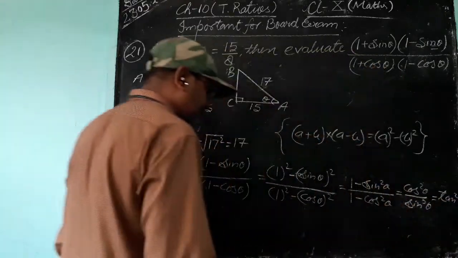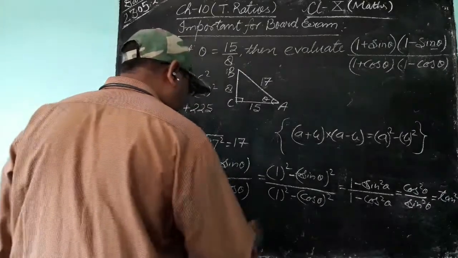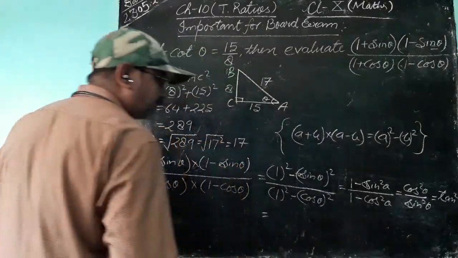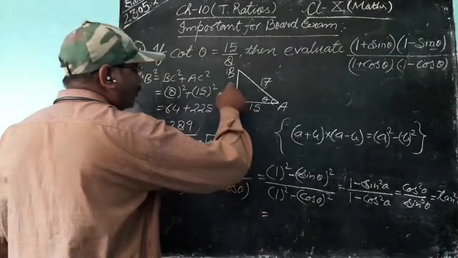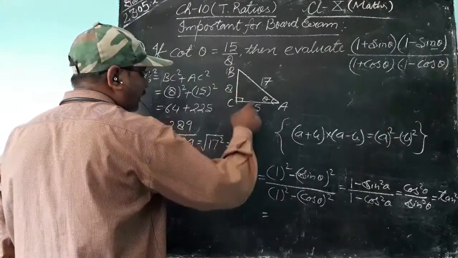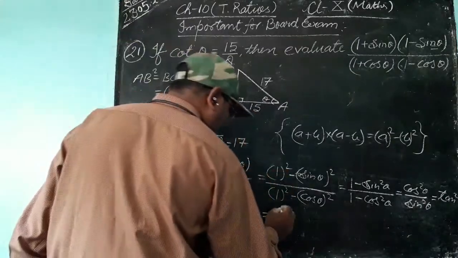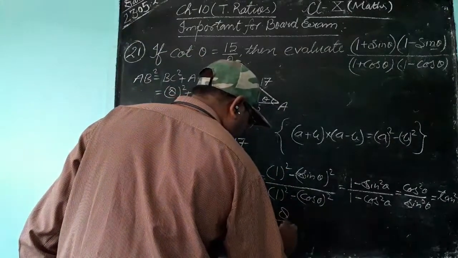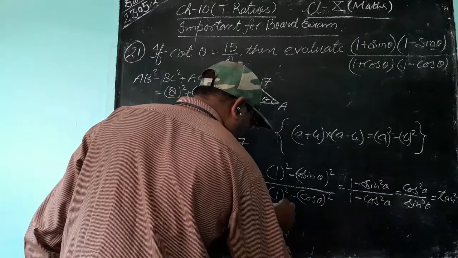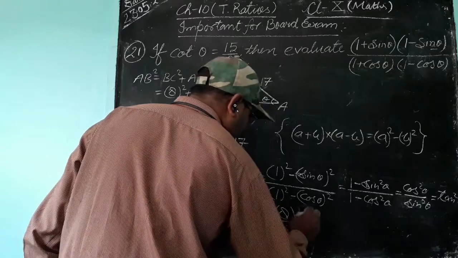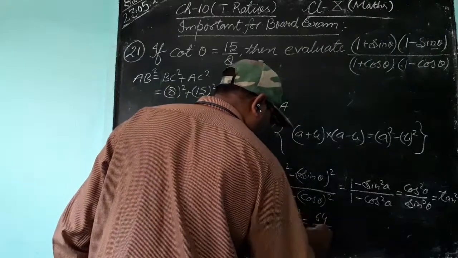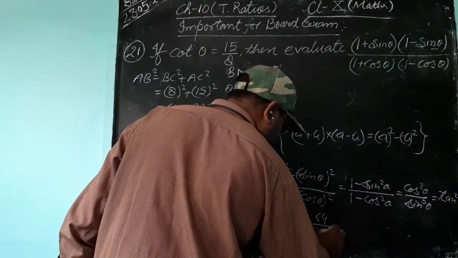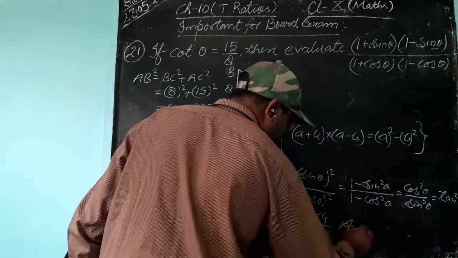Dear students, the value of tan square theta is perpendicular upon base, 8 upon 15 the whole square, that is 64 upon 225. Clear students? That will be the answer.